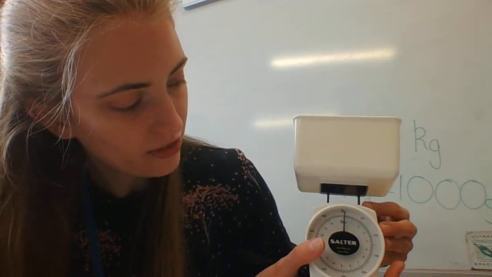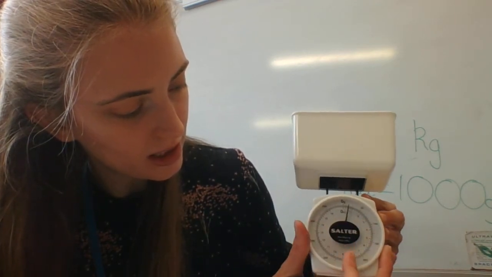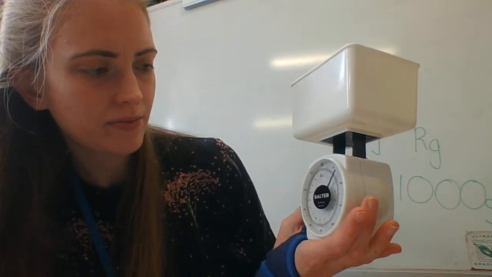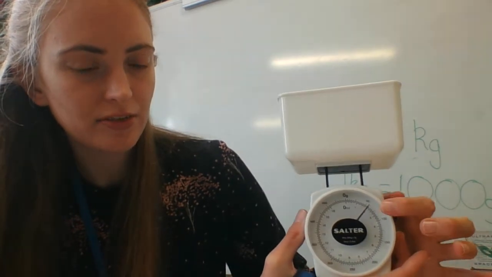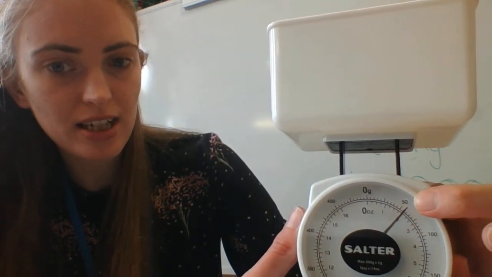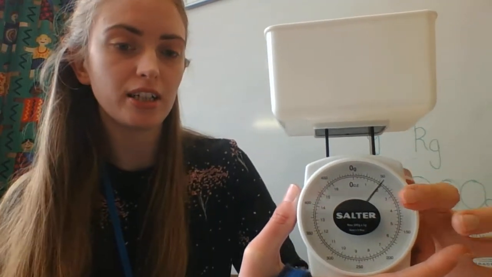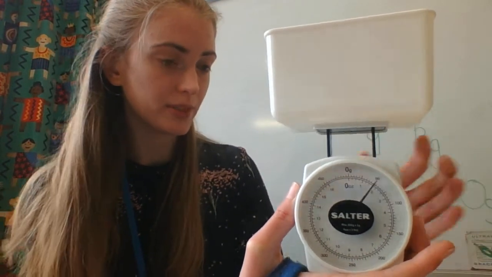Remember the top numbers, the set on the inside are ounces. It says 50 here, so now it's 50 grams, because it's pointing at the 50. There's not a G next to it, but it said G at the start, so that's still 50 grams.